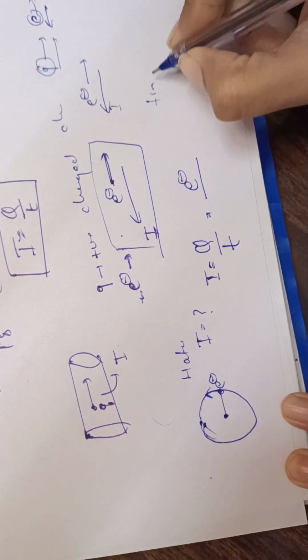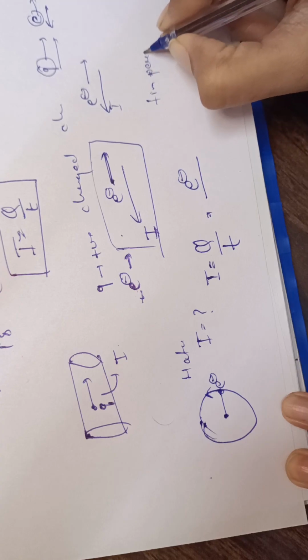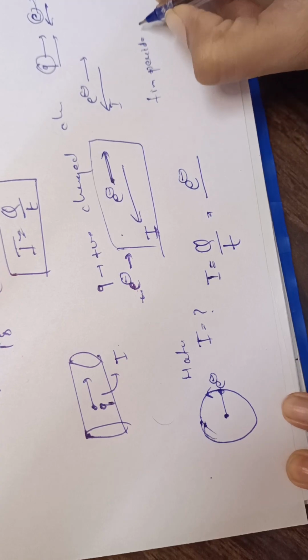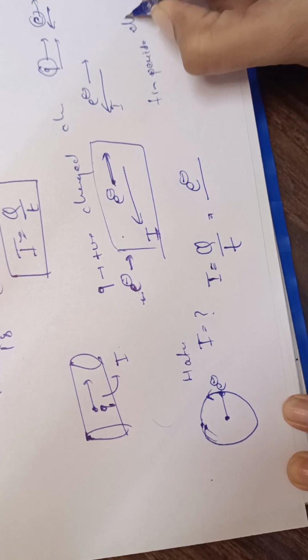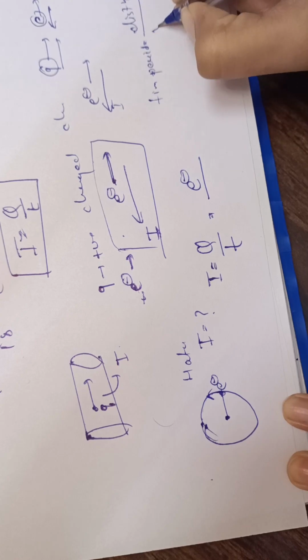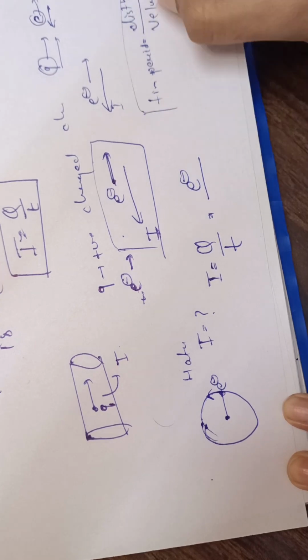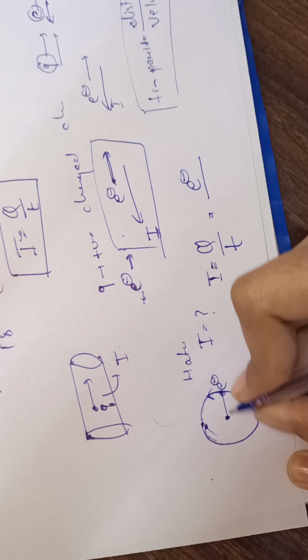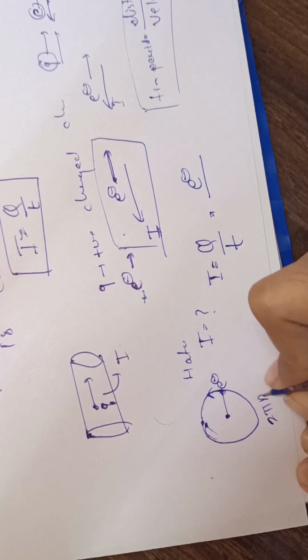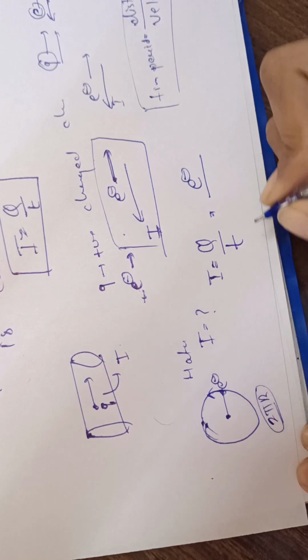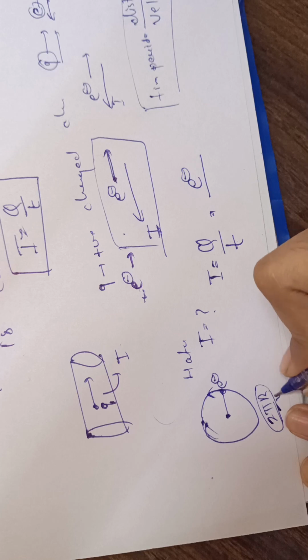We can find the time period, because the distance traveled per unit velocity is called the time period. Here the distance is 2 pi r, the circumference of this circular path, and the velocity will be v.